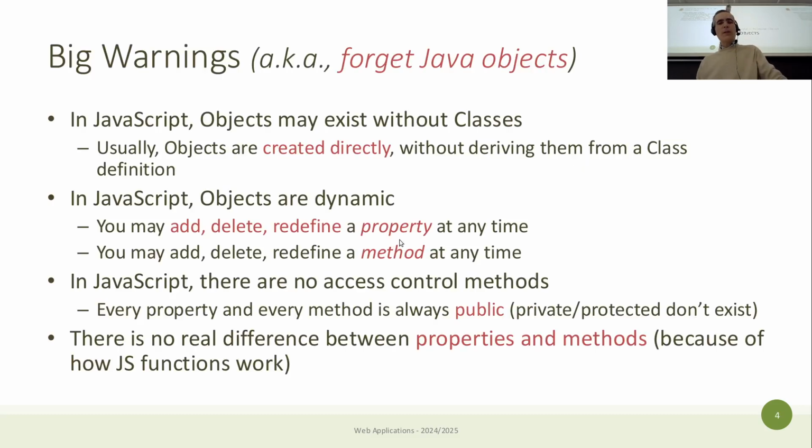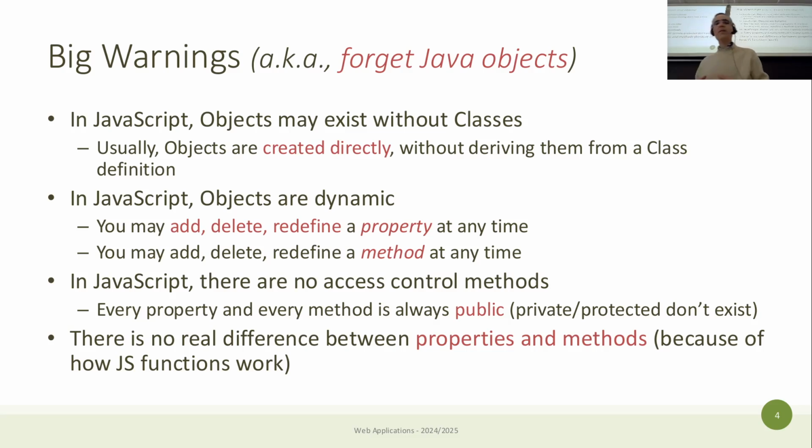So first, objects. Objects are peculiar too, but you're probably familiar with Python objects, so they're more or less similar. The only thing that you need to remember about objects is that they may exist without classes. So they are not objects in the traditional sense of object programming languages, where you define a template that is basically the class, and then you have instances of the class, which are the actual objects.